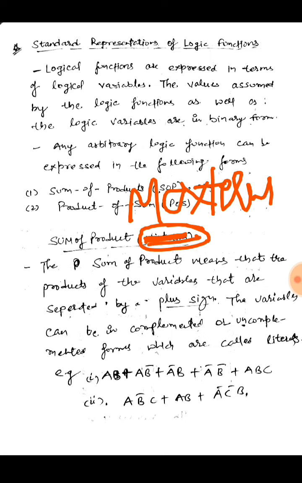So the sum of product means the products of the variables that are separated by a plus sign. We will be having logical functions whose terms are separated by the logical OR or the plus sign. The variables can be in complemented or uncomplemented form, which are called literals.